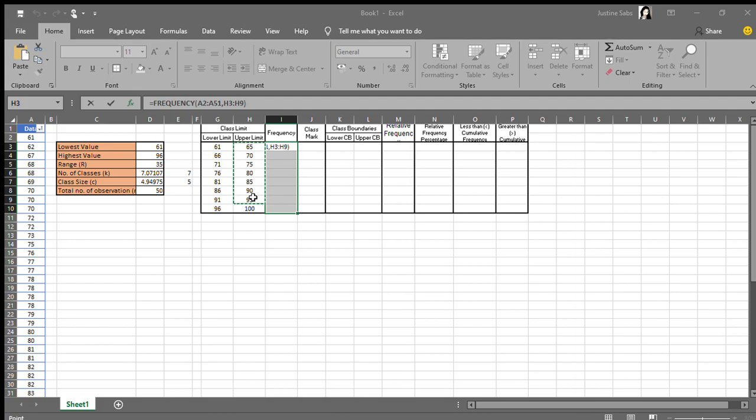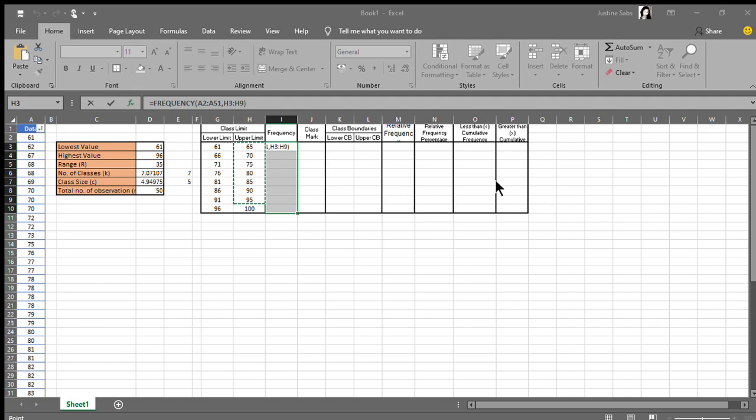Hindi na natin i-consider yung last value for that, since yun yung sinasabi doon sa ating function. So, hindi natin basta pipindutin yung OK or basta mag-click ng enter dito.